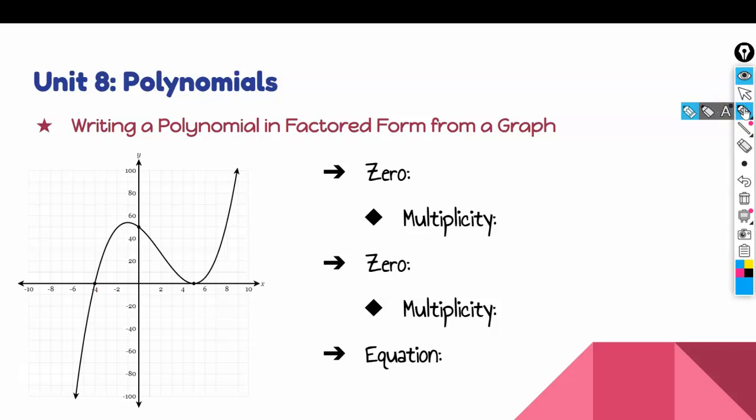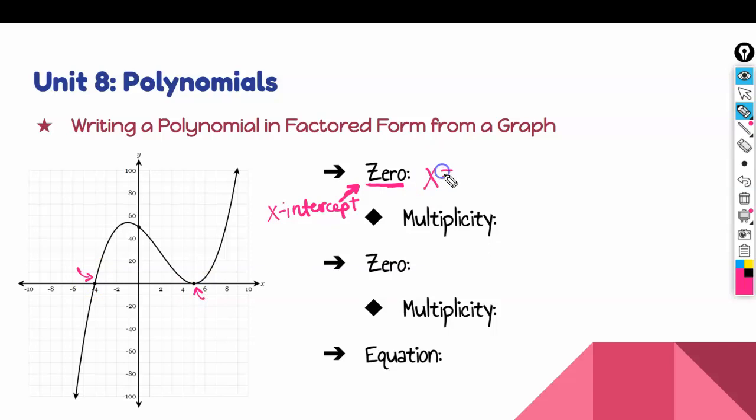Now, I want you to remember that a 0 is an x-intercept. We are looking for x-intercepts. The two x-intercepts that we see here are at x equals -4.